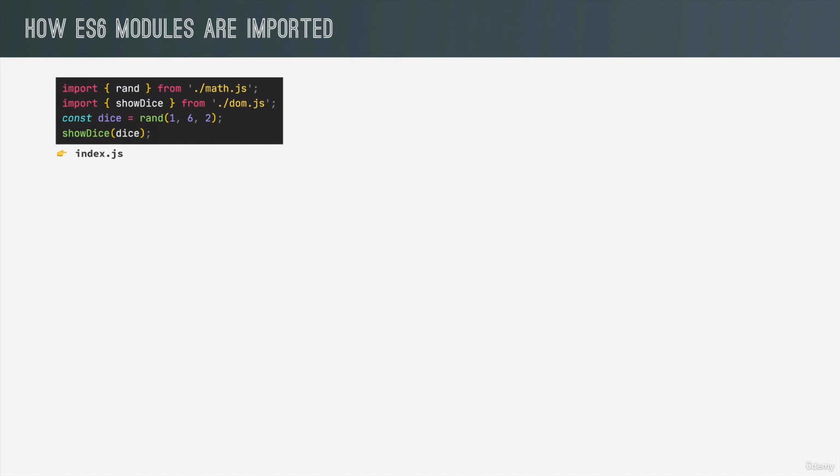And to do that, let's analyze what happens in this small code example. So here we're importing a value called rand from the math.js module and showDice from the dom.js module. Now, as always, when a piece of code is executed, the first step is to parse that code. Remember?